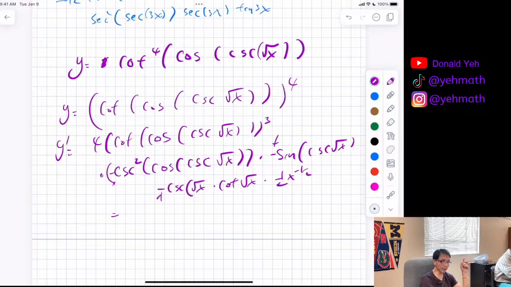So it's gonna be negative at the end, 2 over root x of everything else.